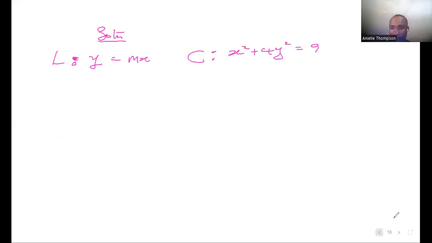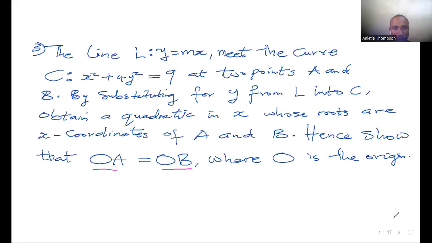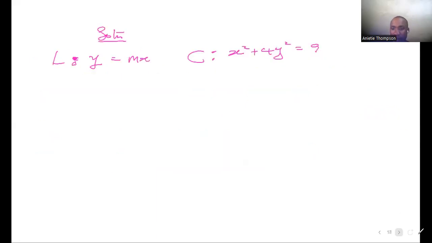Let me confirm that. Yes, x squared plus 4y squared equals 9. Please don't forget that it's not a circle. When I put it on my GeoGebra, I realized also that it's not a circle, it's circular, but it's not a circle. That must be an ellipse.